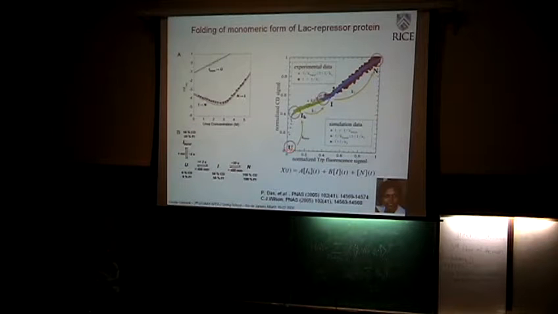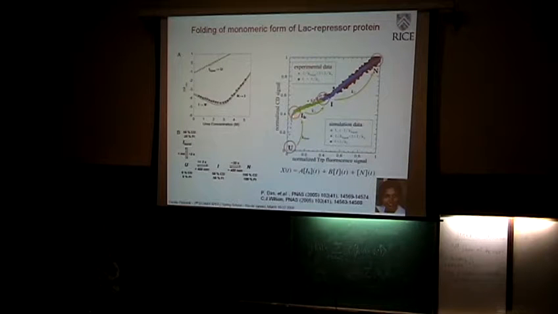We see that there is a jump in the CD from the unfolded state to this burst phase in the dead time of the experiment. 40% of the secondary structure forms, and this is what can cause trouble with incorrect packing.